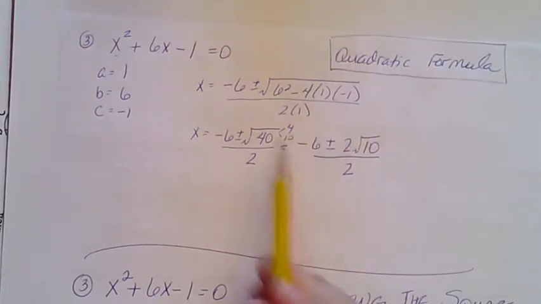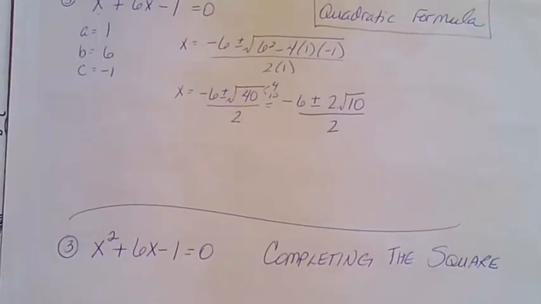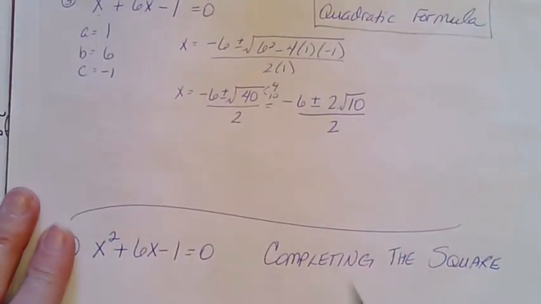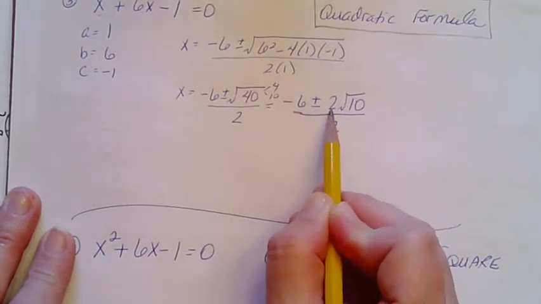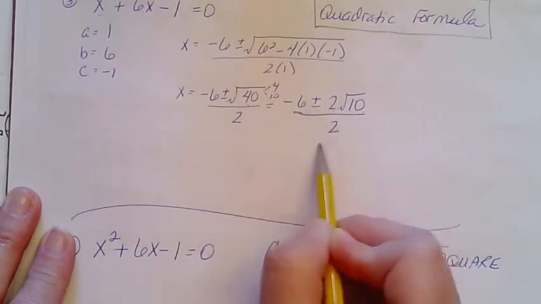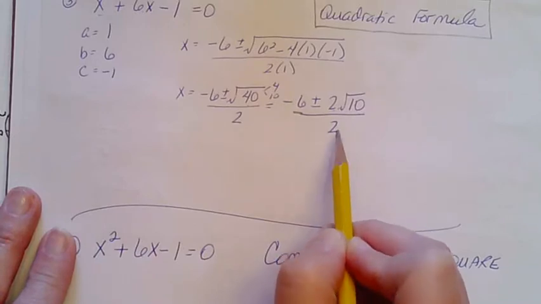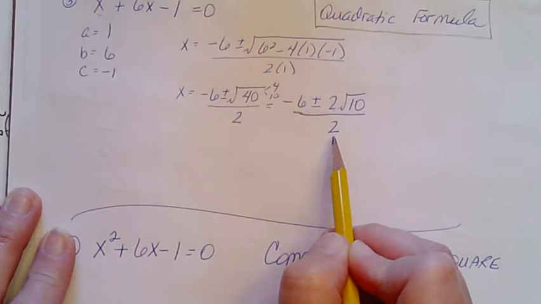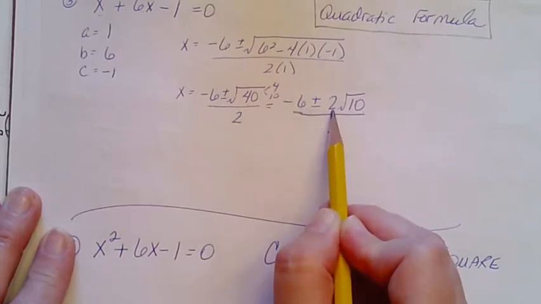Fine, we did. So I solved and I got this answer so far, but I left it here because I want to continue doing this with you. So now we have negative 6 plus and minus 2 radical 10. So radical 40 simplified to 2 radical 10 all over 2. Remember, when I go to simplify, this denominator can only simplify if it goes into both terms in the numerator.